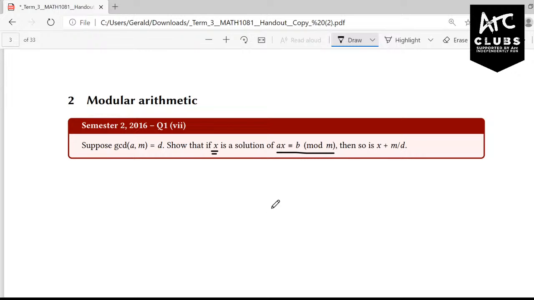So for this question, what we have here is all we know is that X is a solution to this congruence equation.